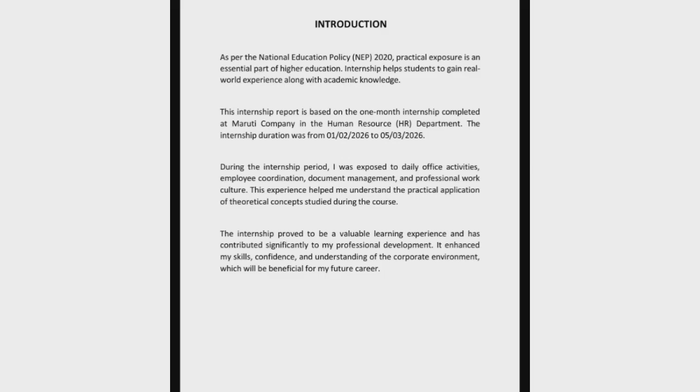Okay, so in this I have written, as per the national education policy, practical exposure is an essential part of higher education. Internship helps a student to gain real world experience along with academic knowledge. So you can read it.